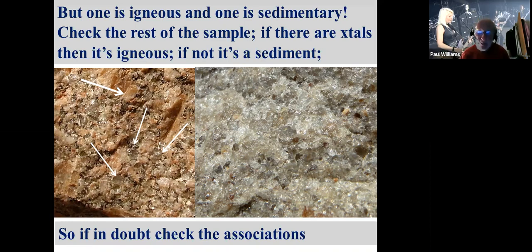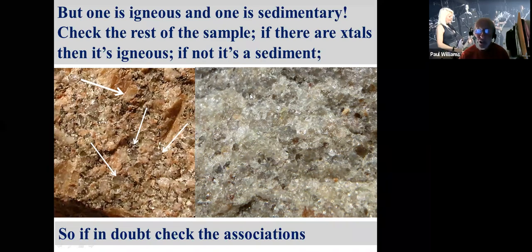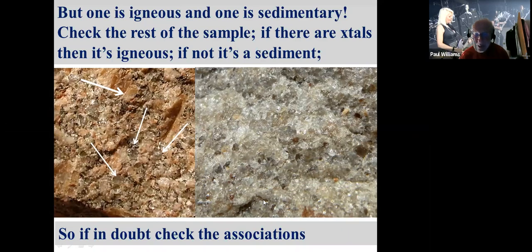The other giveaway for a sediment, remember, these are fragmental rocks. They can have gaps and holes in between the crystal grains, and here we've got holes. So that's the other giveaway for a sedimentary rock. Its fragmental texture is relatively easily identified like that. So checking the associations is important.